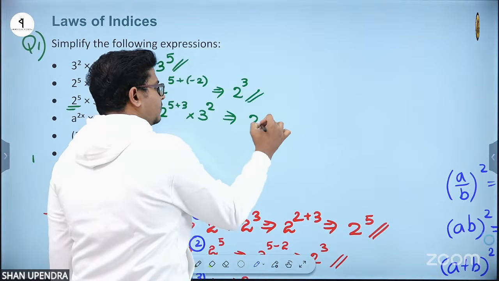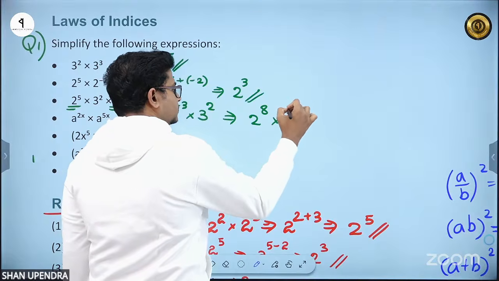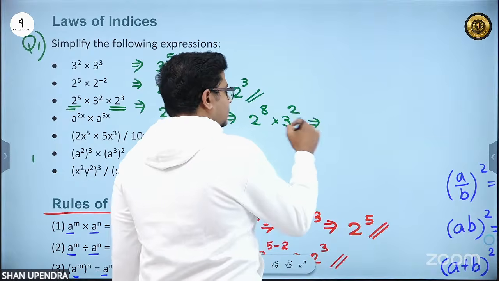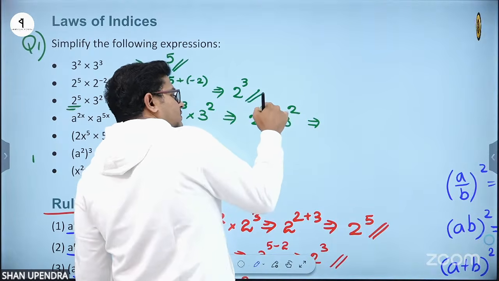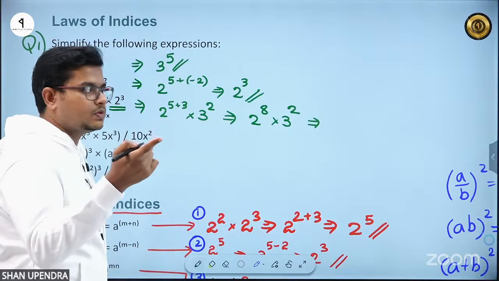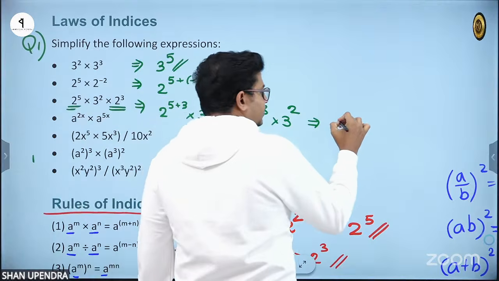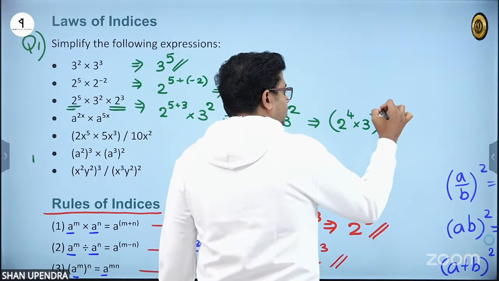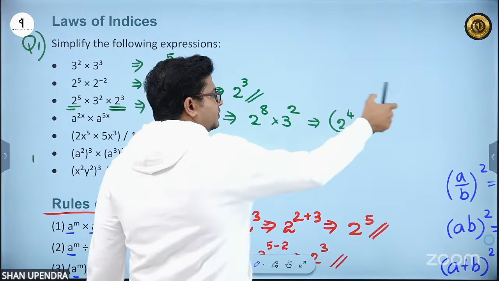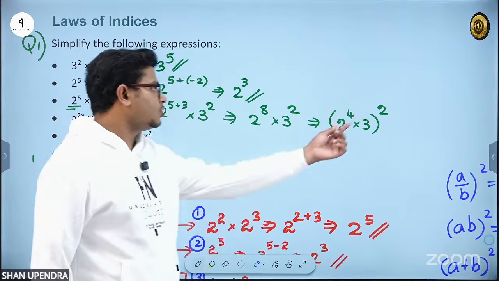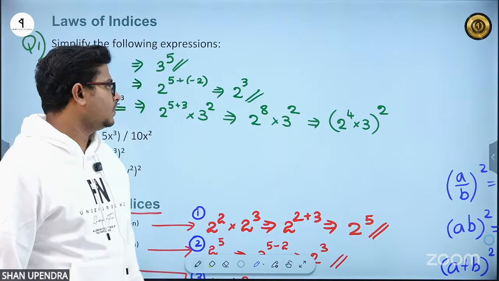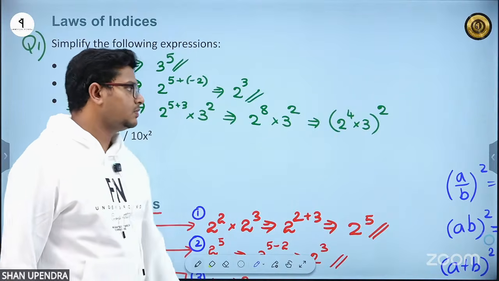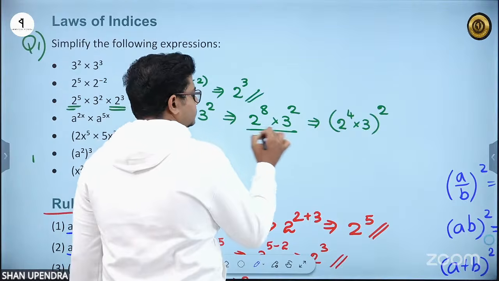So then you can write 2 to the power 8 into 3 to the power 2. Or if you want, you can see there is 2 and this 8 is 4 times 2, so you can write 2 to the power 4 into 3, and for the total term take again to the power 2. If you want, you can represent it this way, but no need, but you can. This is enough.